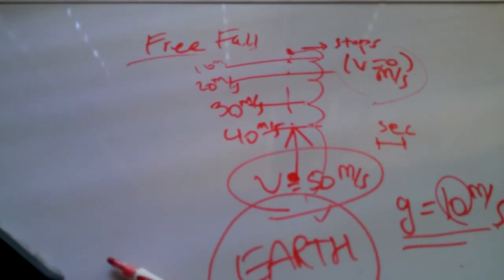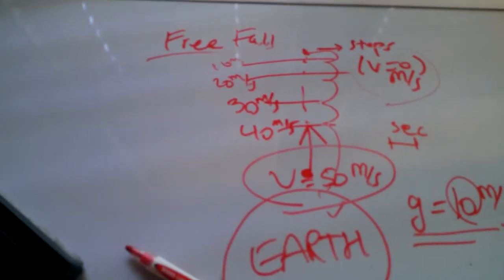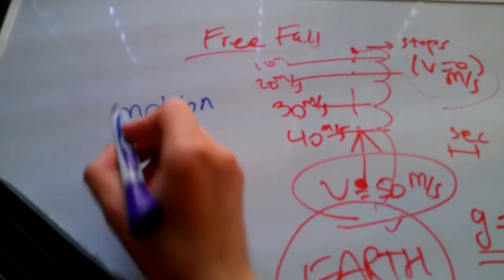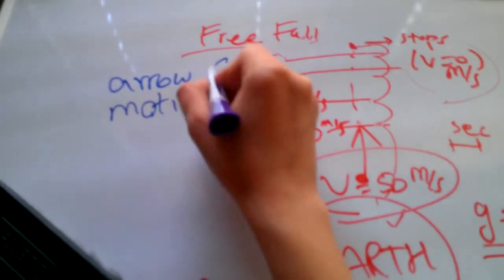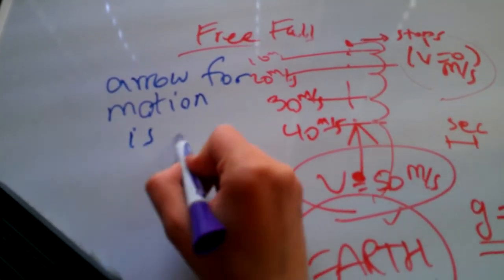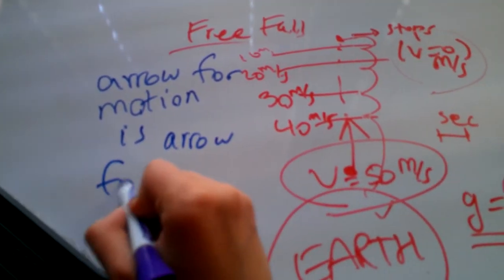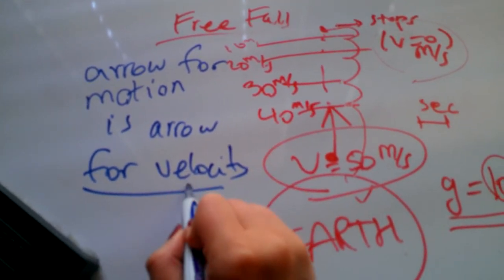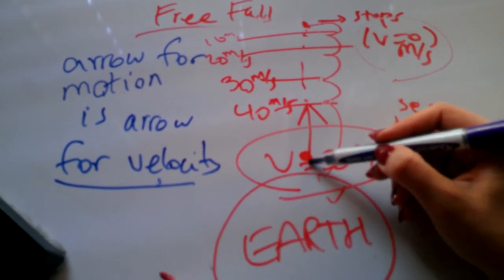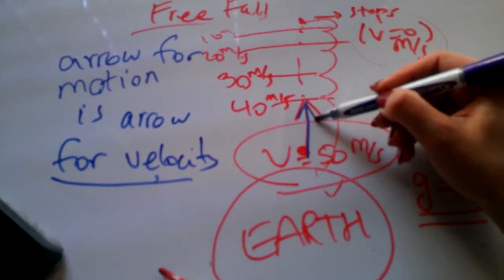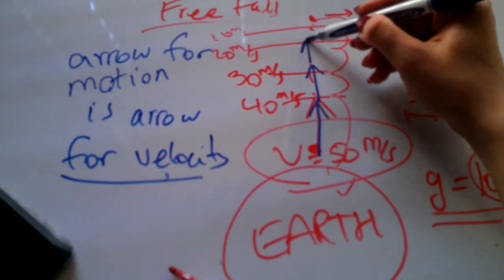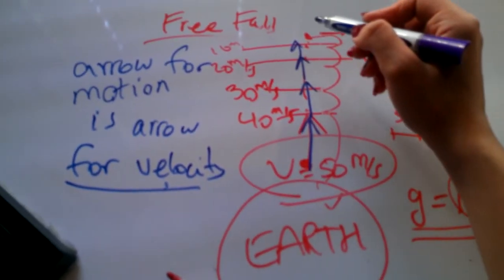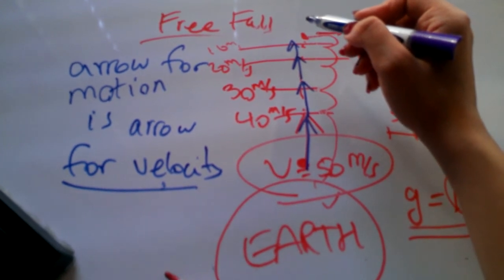So I would like you to appreciate the fact that the arrow for motion is the arrow for velocity. I would like you to understand this. When I say I throw the ball up, the arrow for velocity shows me towards which direction the ball is moving, right?